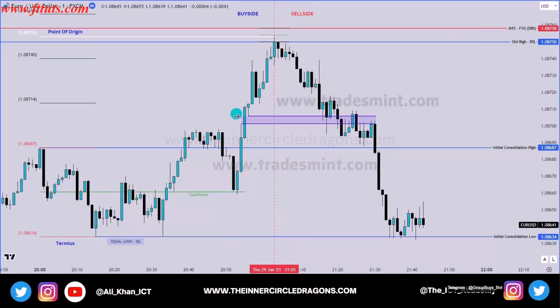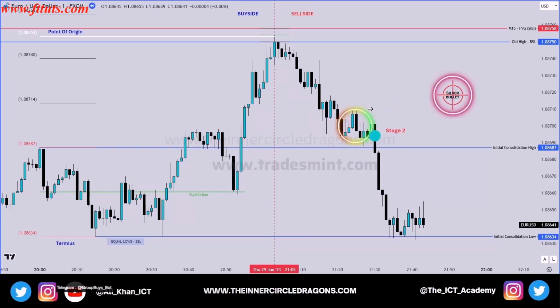We also have this buy side imbalance, which now acts as a balanced price range and an inversion level. And you can see how price is respecting the discount end of that level over here. The bodies again are telling the story that it's not willing to go any higher. This is our second stage of distribution and would be our silver bullet entry.